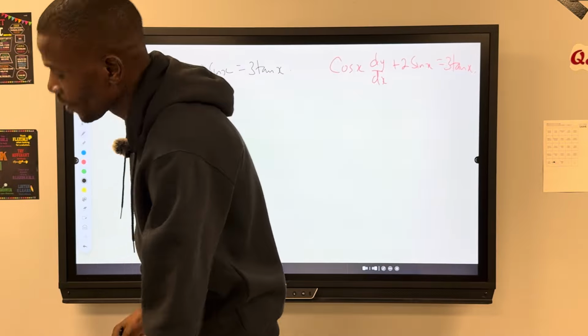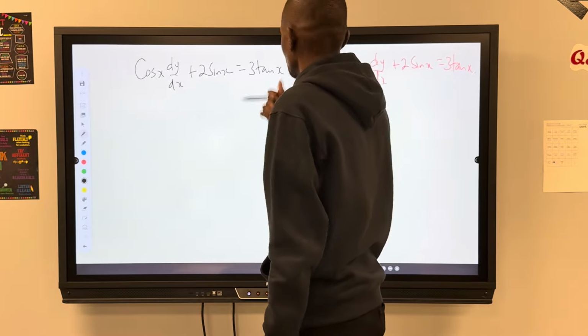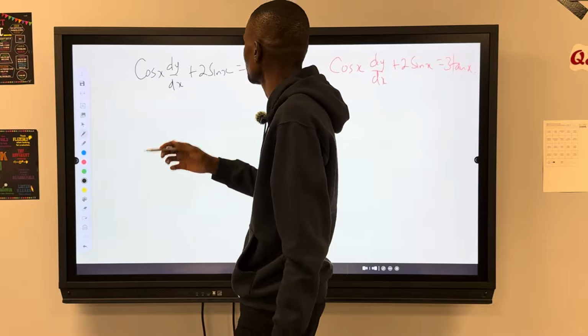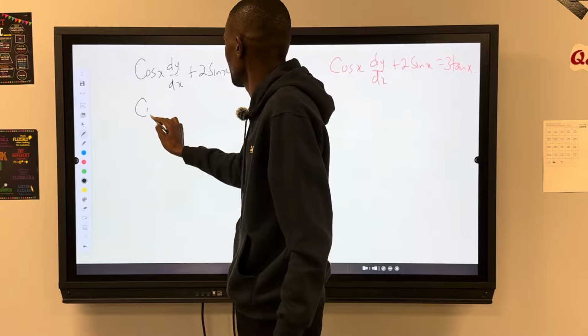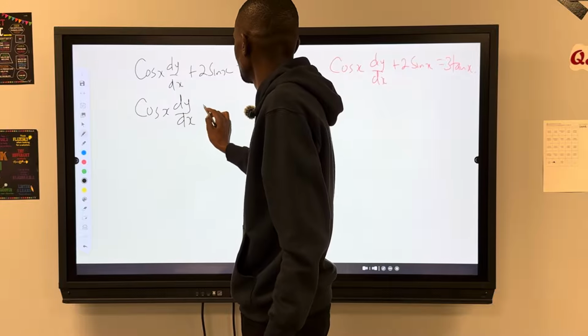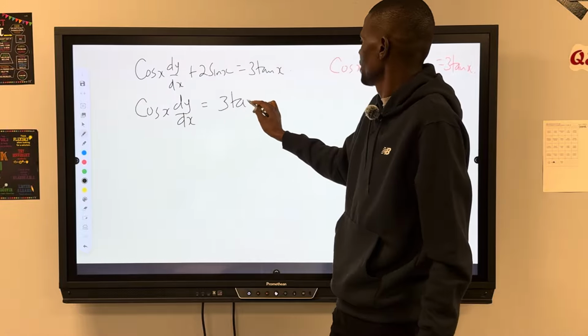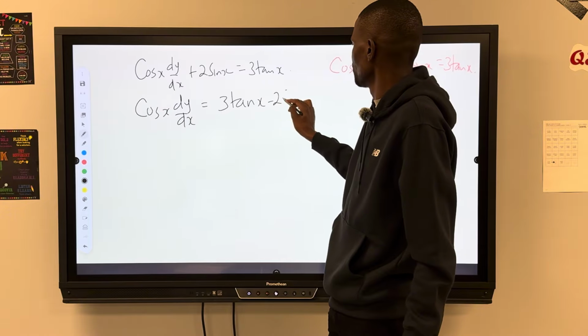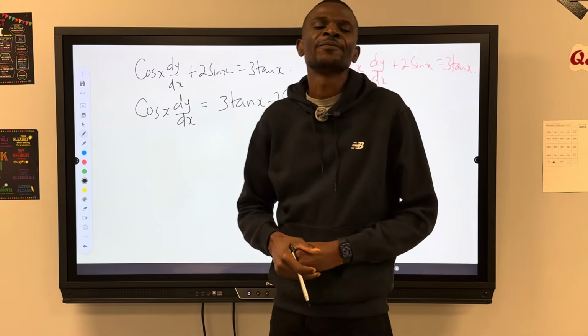So what we are going to do first is to subtract 2 sine of x from both sides, such that we remain with cos x dy/dx is equal to 3 tan x minus 2 sine x.